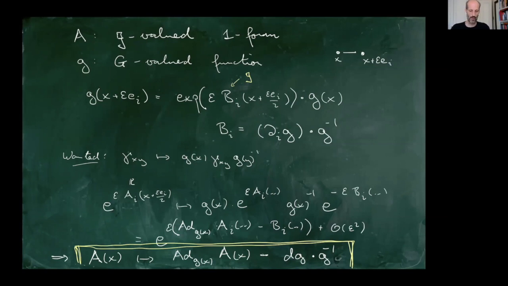And the analog of the action, so at the discrete level, we had that action here. And the analog of this action at the continuum level, what this little calculation shows us is this action here. So it's not just that we do a pointwise conjugation with the Gage group, but we do a pointwise conjugation, and then there's this extra term, this minus dg times g inverse. Right? So this came from the presence of this term here. Okay.